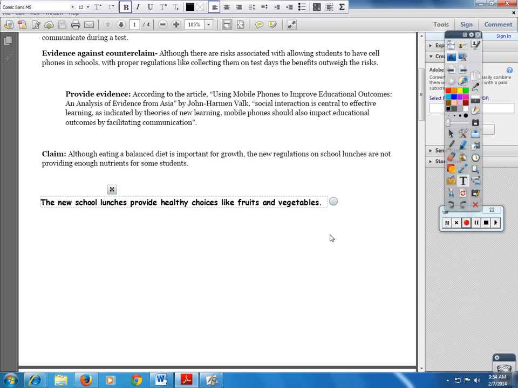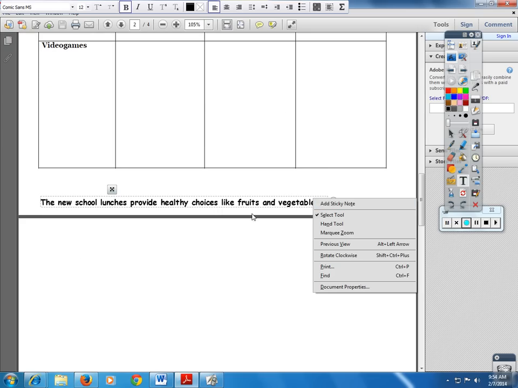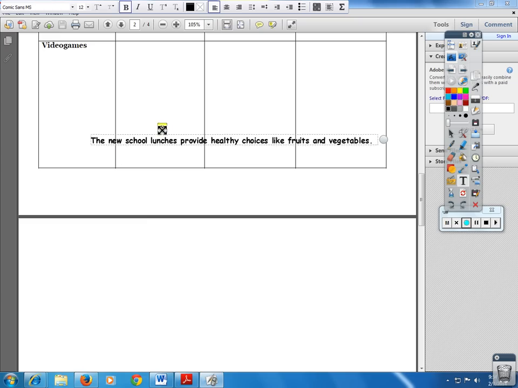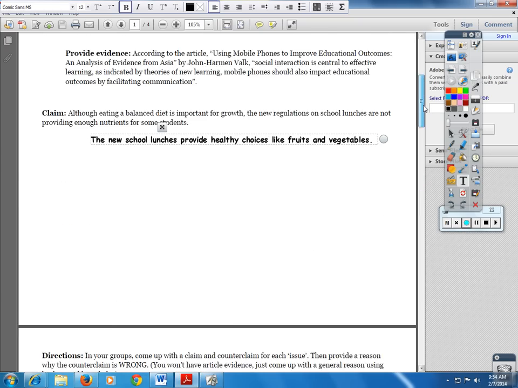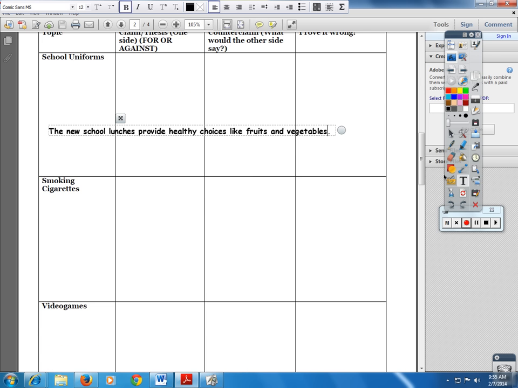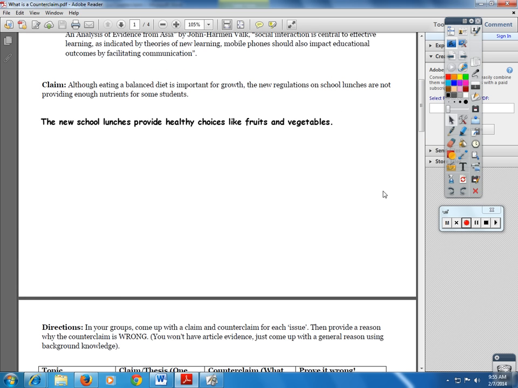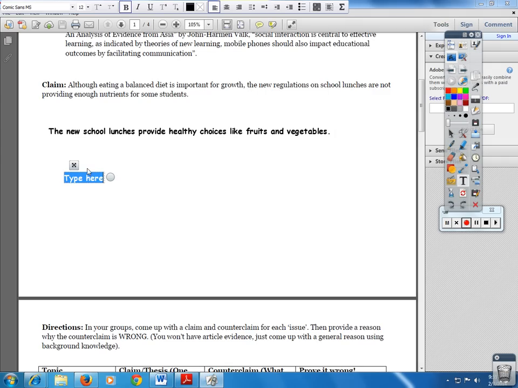Okay. My counterclaim is where I try to prove that wrong. Okay. So I have to go back and prove that this is wrong and this is not helpful for students.